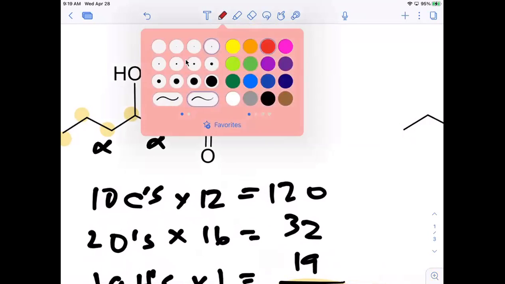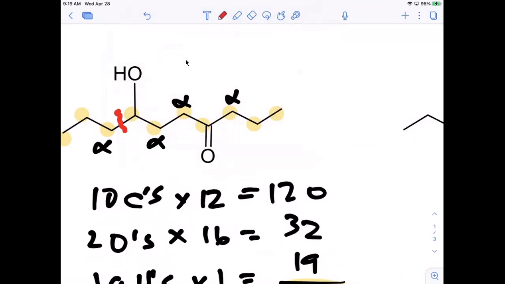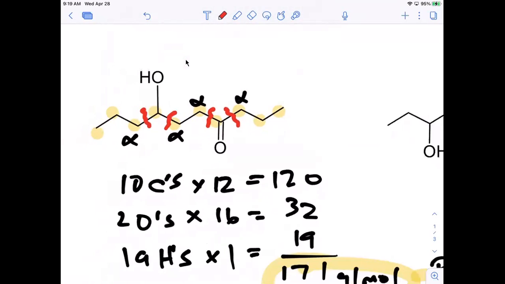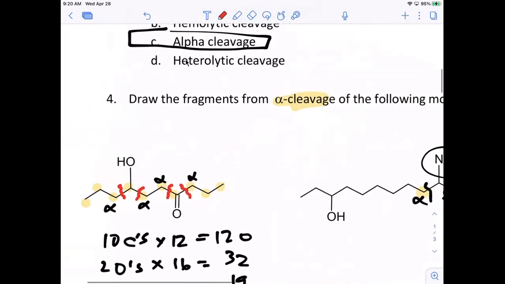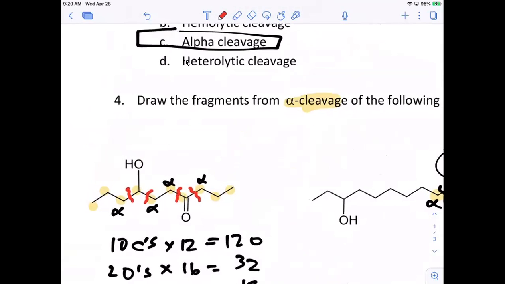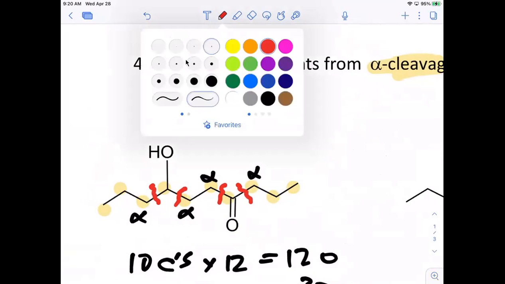So we're going to cleave here and here, that'll be 2 fragments based on the alcohol, and then we'll cleave here and here, and those 2 fragments will be based on where the ketone is. I'm going to draw them in different colors.